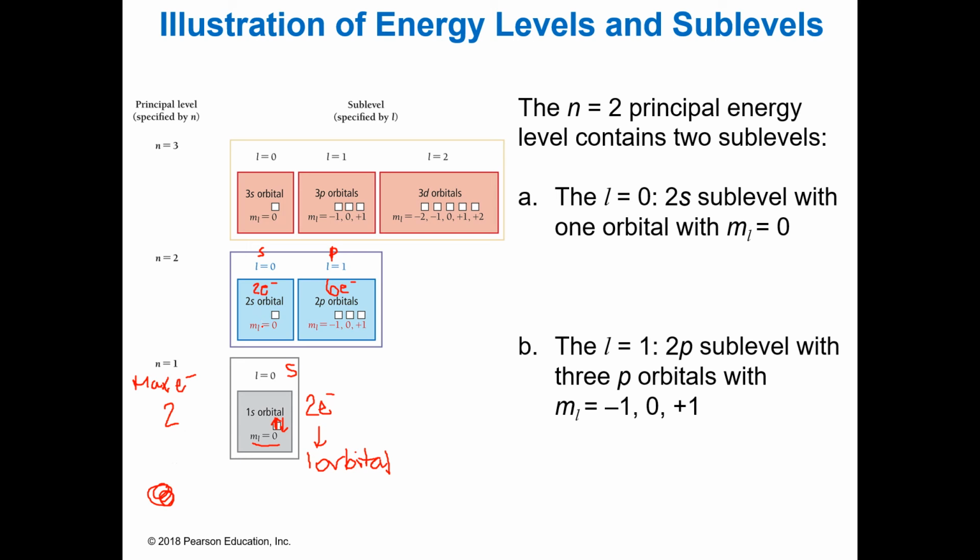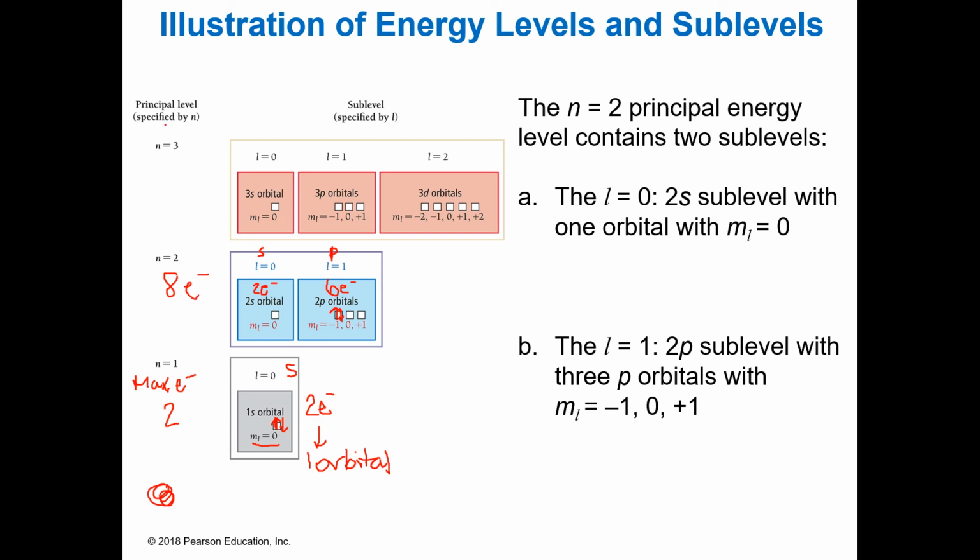And the 2s will have 2 electrons that will fit in this box in one orbital. In the P subshell, we're going to have 3 orbitals, and I see that here, where ML is -1, 0, and +1. In each one of these, we can fit 2 electrons, giving us a total of 6. So how many max electrons can fit in shell number 2 total? It includes all of these, so it would be 8.